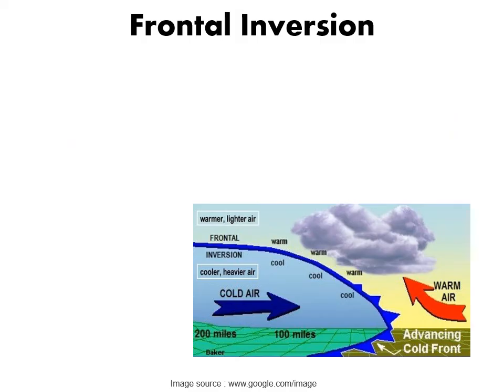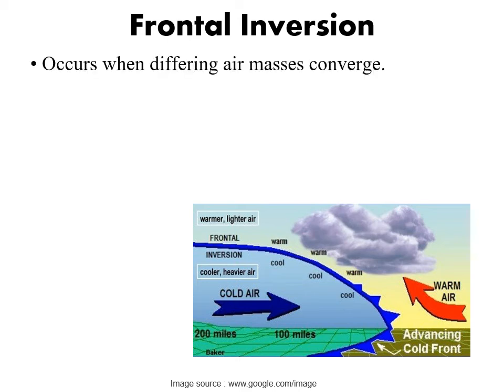The third type of temperature inversion is known as frontal inversion. Frontal inversion occurs due to frontal convergence. That means when different air masses, different with respect to temperature, converge with each other, they form a temperature front.